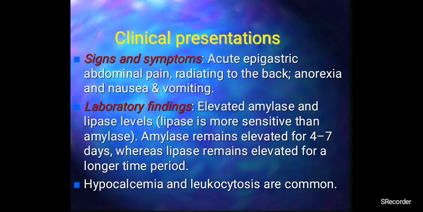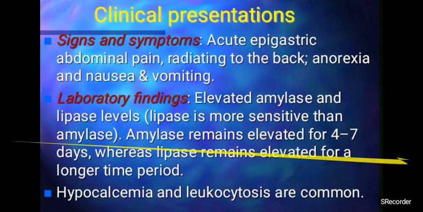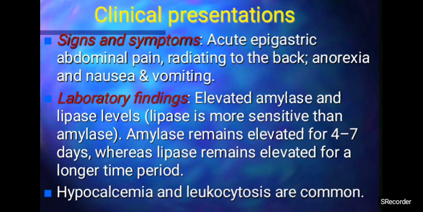And in this slide, we shall be looking at the clinical presentation. What does a patient with acute pancreatitis present with? The patient will present with acute epigastric and abdominal pain, which often radiates to the back.